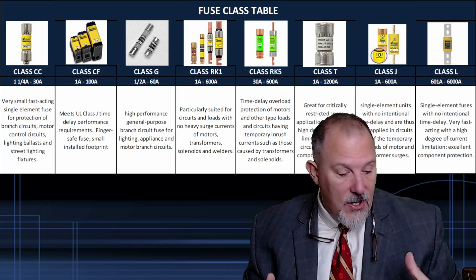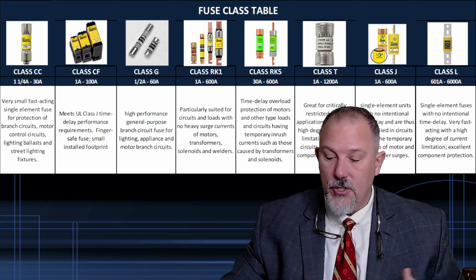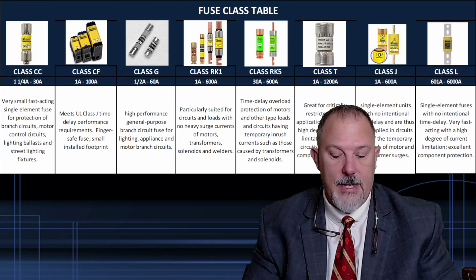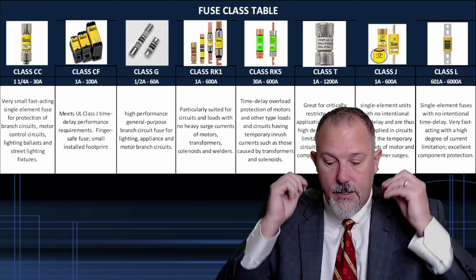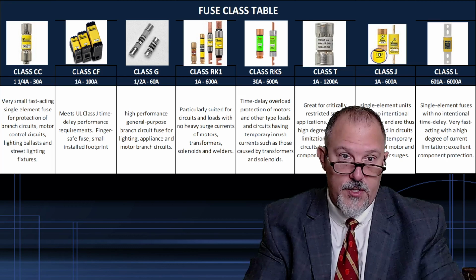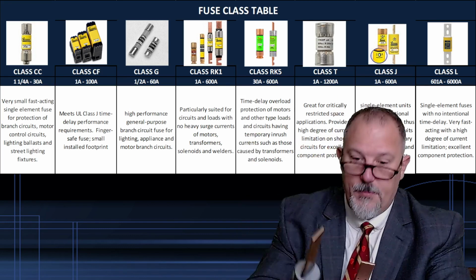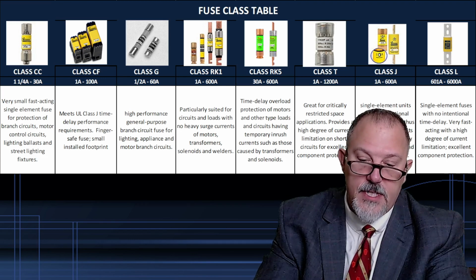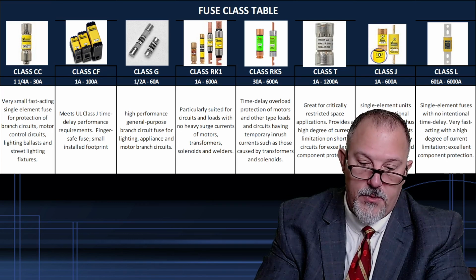Now, let's talk about what you'll notice in these. I've got two fuses here, and what I want to show you is across the top here. These are both the same type of fuse.